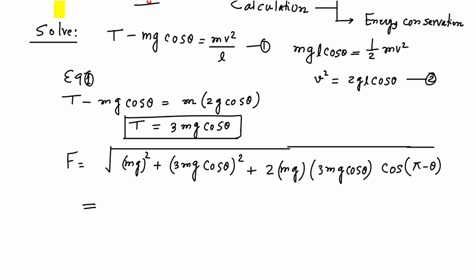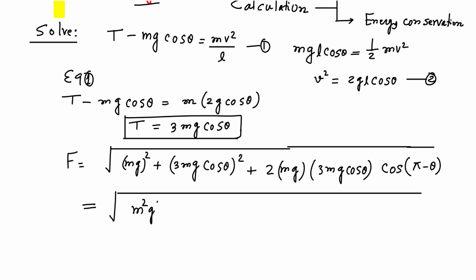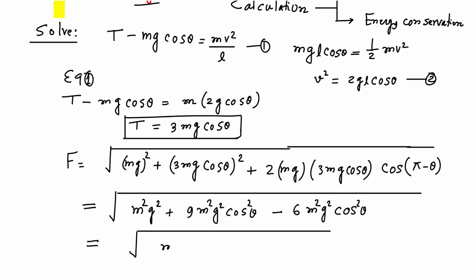So this will become m square g square, and this is 9m square g square cos square theta, and this is 6m square g square cos square theta, but cos of pi minus theta is minus cos theta. So this is simply m square g square plus 3m square g square cos square theta.